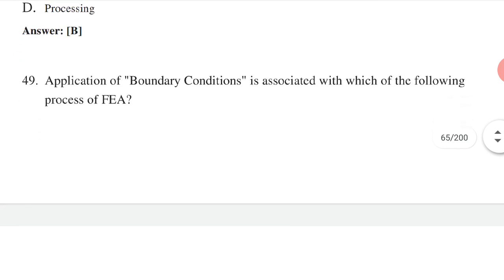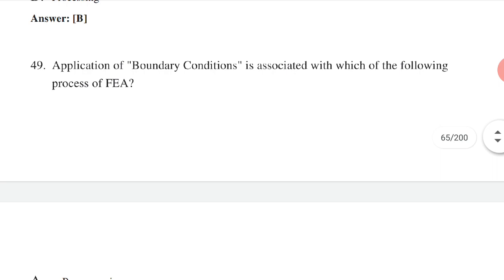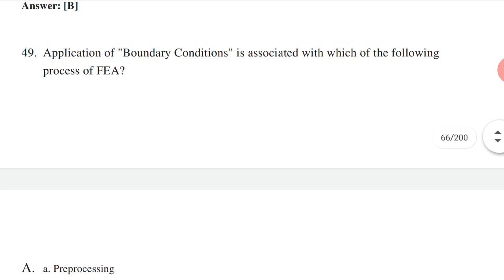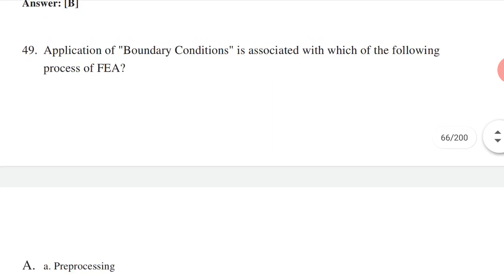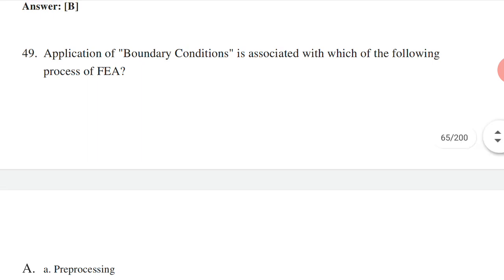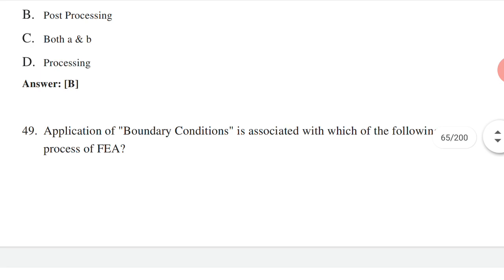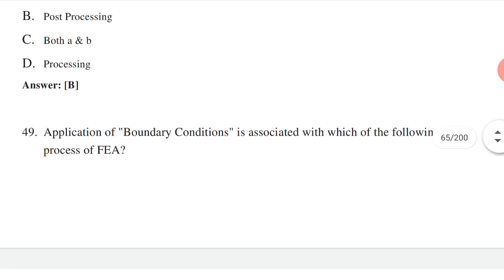Now the next question: application of boundary conditions is associated with which of the following process of FEA. Undoubtedly it is pre-processing, because in pre-processing we prepare the object for solution, and in that we apply the geometries, nodes, and we mesh the object.